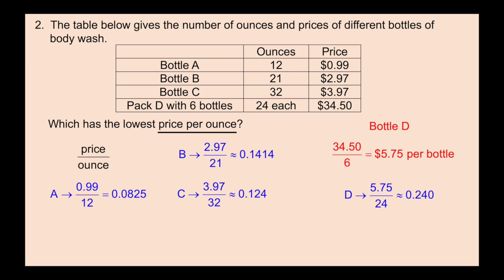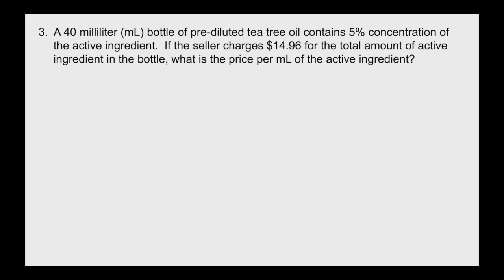Now I'm going to take that and look at if its cost is $5.75 for 24 ounces, then dividing that out is going to give me approximately 0.24. And so when I'm looking at this one having the lowest price per ounce, that is going to have to be bottle A.